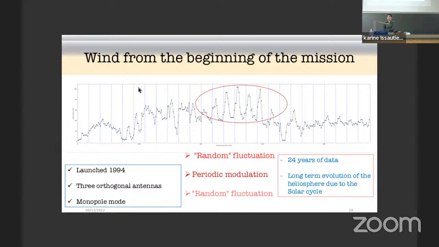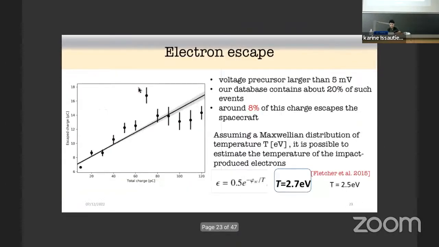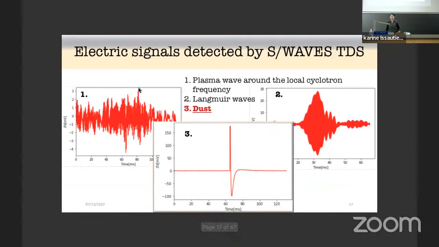I will ask one question. You have shown 3 cases of observations in the wave, dust, in fact, plasma wave around the local frequency. But I understand, I'm not a specialist, that you observe only one dust impact at a time.